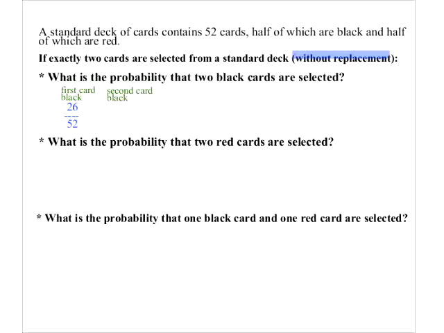There's only 51 cards left in the deck. And if you took a black card, now there's only 25 black cards left, so 25 black cards out of 51. It's not out of 52 anymore because you don't put the card back. So notice that the probabilities will change as you take out more cards because you're not putting them back.